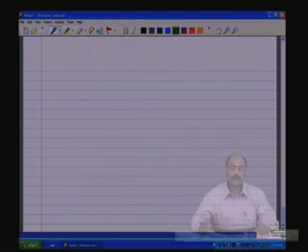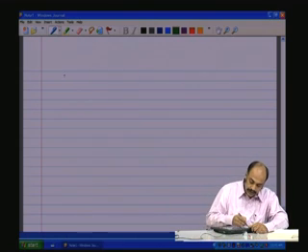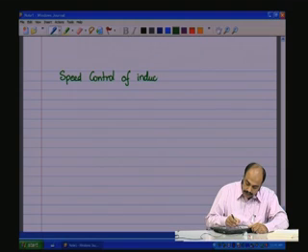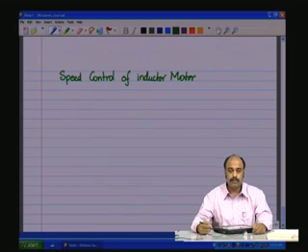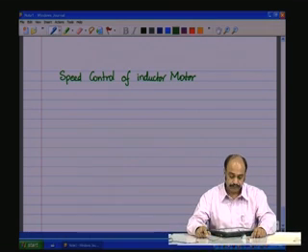Now let us talk of the other application, and that is the speed control of induction motor. As I stated earlier in the beginning of this class, it is more or less a constant speed motor, because if the synchronous speed is kept fixed, then the mechanical speed is going to vary only by an amount of slip.